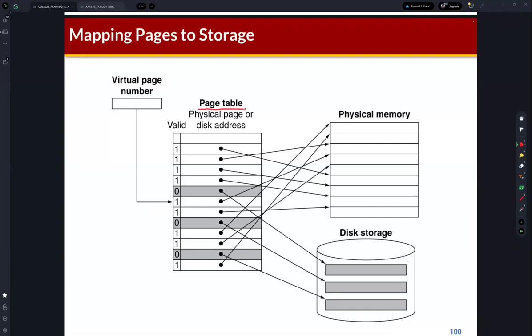Actually, this is an array. And I explained that when a load word is executed, like load word A, that address is the virtual address, right? So in order to access the data, it's a load.